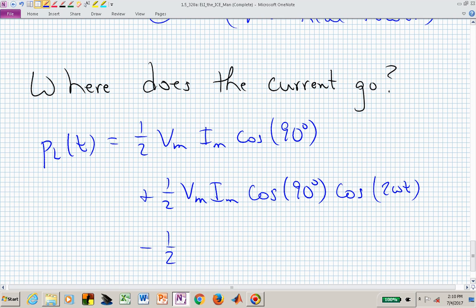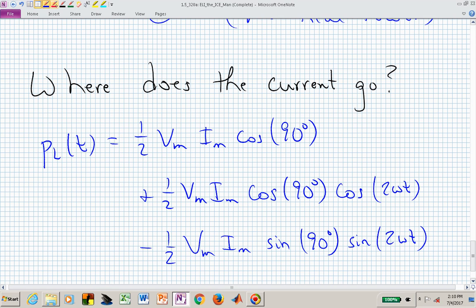Remember, we had 3 terms in that instantaneous power formula, minus 1/2 V max I max sine of theta sub V minus theta sub I, which is 90, sine of 2 omega t.